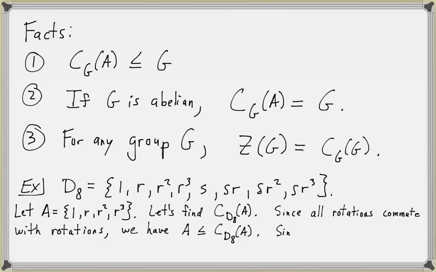So since sr does not equal rs, which happens to equal sr cubed, we see that s is not in the centralizer of A. Then no element of D8 involving the reflection s could be in the centralizer of A either.